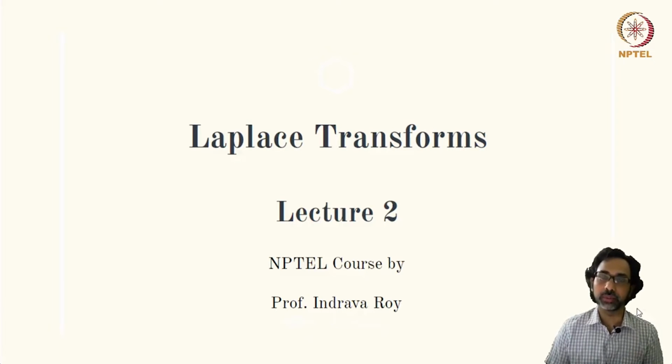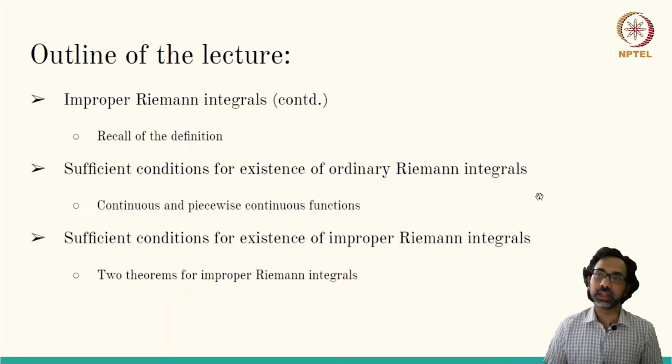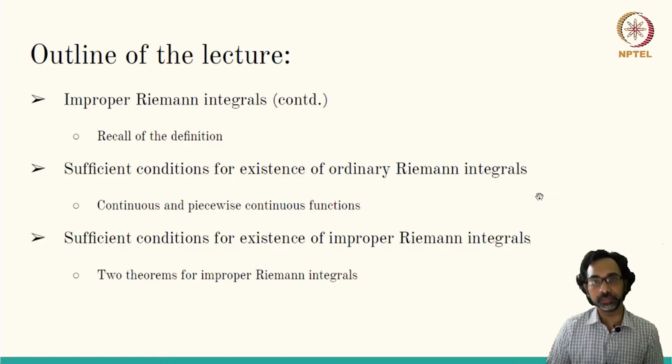So the ordinary Riemann integral can no longer be defined, and one uses a limit formula to define the so-called improper Riemann integral.